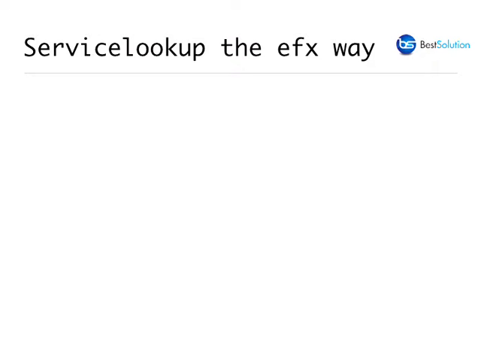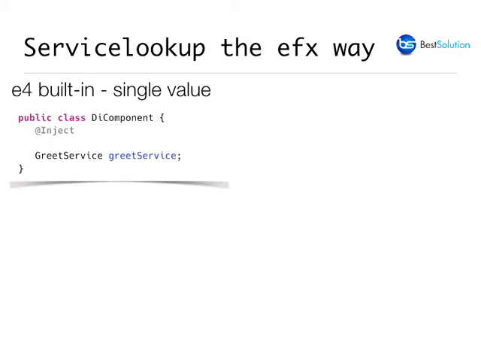Then what can we do about service lookups? Well, when you look at Eclipse 4, the first thing that you see is that getting access to a service is fairly easy. All you need to do in your component is add @Inject, and you get the service injected. That's perfectly fine.